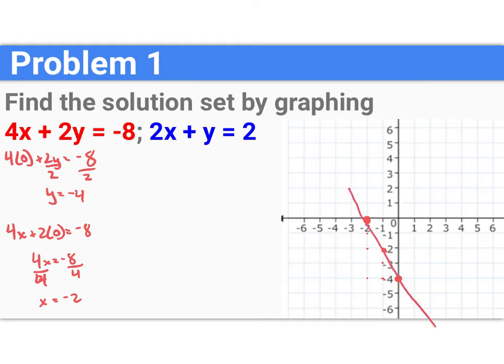Okay, so now let's do 2x plus y equals 2. So again, set x to 0 and y will be 2. Set y to 0 and x will be 1.